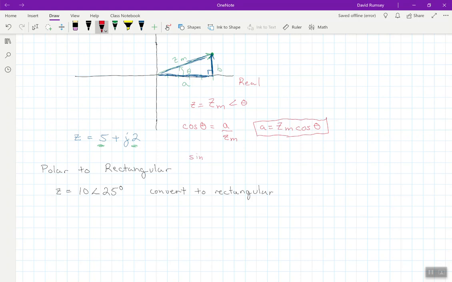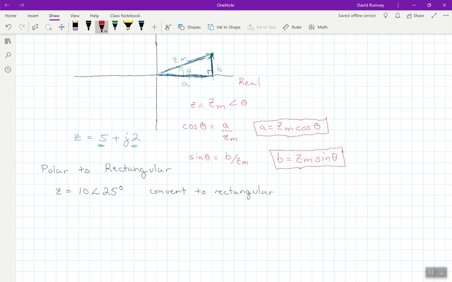The sine is opposite over hypotenuse, which gives me that B is equal to Z sub m sine theta, by multiplying both sides. And so these two equations that I've boxed here are how you will convert from polar to rectangular.